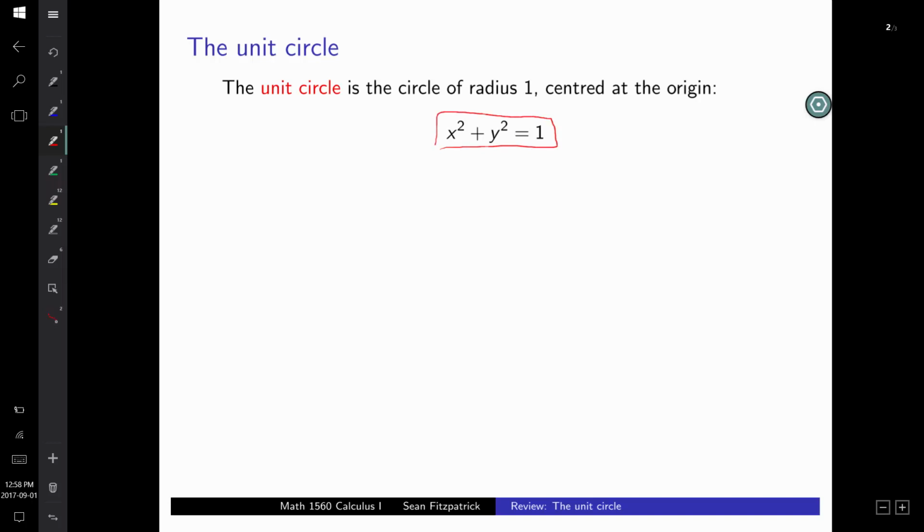Just as a reminder, let me sketch a few things out for you here. Let me draw a Cartesian coordinate system, x, y.